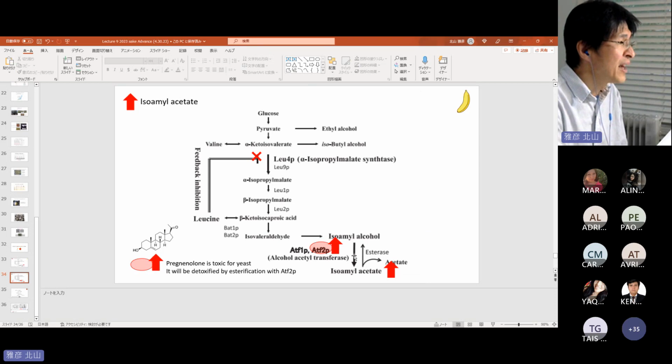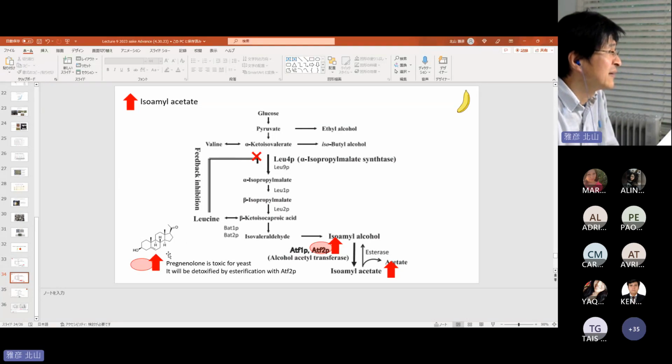So they try to screen the yeast which produces more enzyme, which converts from here to here, by selecting the resistant mutants against this compound, because the ATF2 gene product esterifies this product, which makes detoxification of this compound.